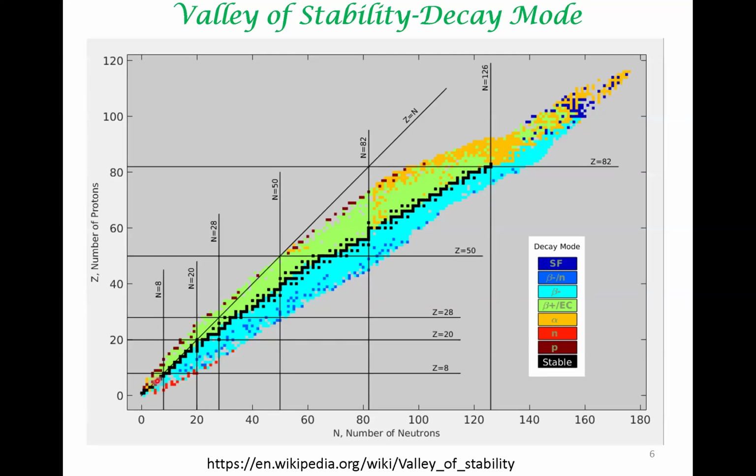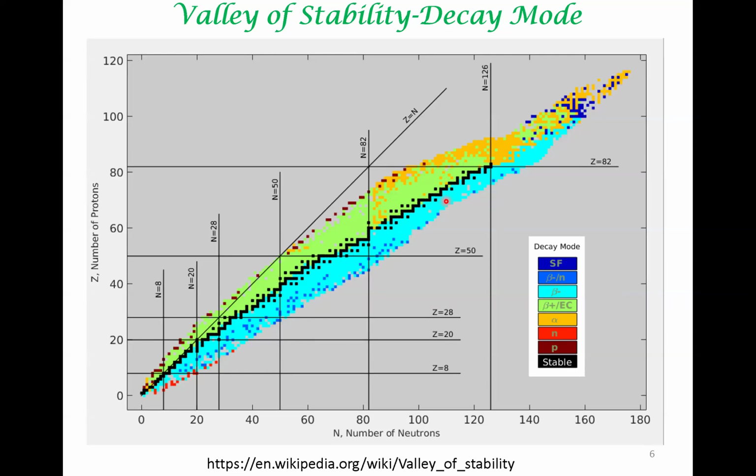But as you go to higher Z, with more protons, the number of neutrons has to increase to stabilize the nuclei. That is why we move away from this line to this region. Okay, that is one feature.